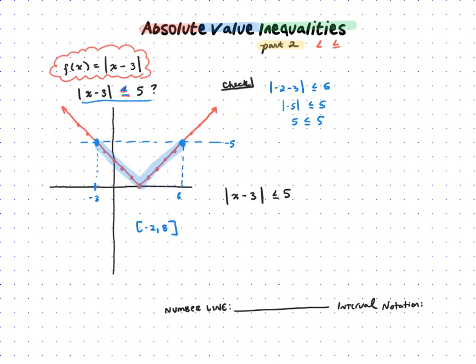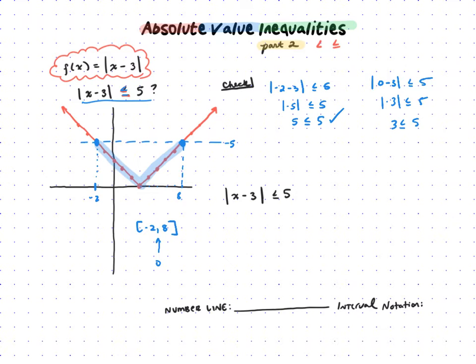Would 0 work? Because 0's in that interval, right? Let's do 0 minus 3. Is that less than or equal to 5? Well, I have absolute value of -3. That works too. 3 is less than or equal to 5. And any number between -2 and 8 is going to work.